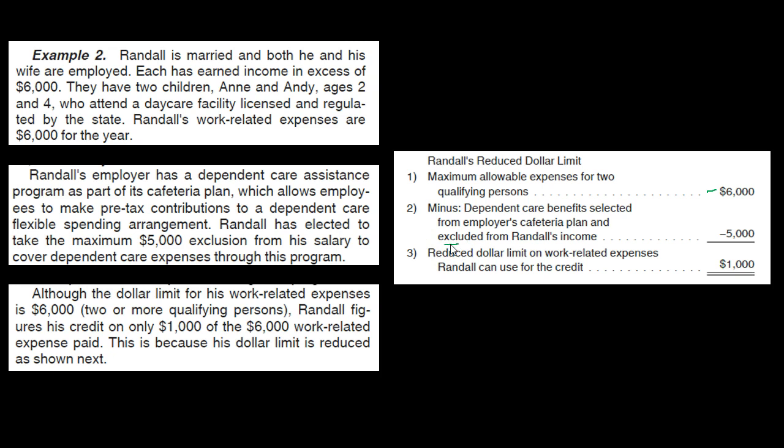Already got a benefit if they're excluded from the income because they're not being reported as income on the W-2, or at least not for tax purposes, and therefore we can't use that amount for the credit calculation. And so line 3, 6,000 minus 5,000 is the 1,000 on line 3, which is the reduced dollar limit on work-related expenses Randall can use for the credit.